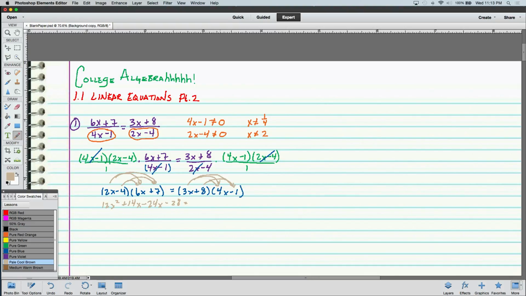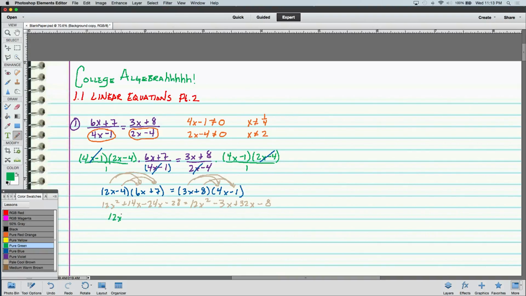And 3x times 4x is 12x squared. 3x times negative 1 is negative 3x. 8 times 4x is plus 32x. And 8 times negative 1 is minus 8. So let's simplify this. The only terms on both sides that are common terms are the x terms.